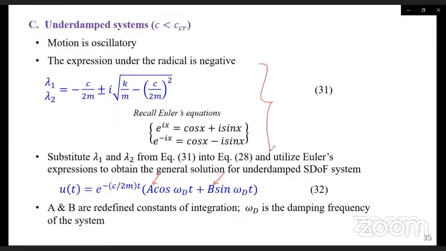Whatever we did here, we were not getting what C1 and C2 were in the previous equation. We just substituted the values of lambda 1 and lambda 2 and used Euler's equation to get rid of the complex number. Our expression still has constants that have not been determined, so we need to go ahead and determine them.